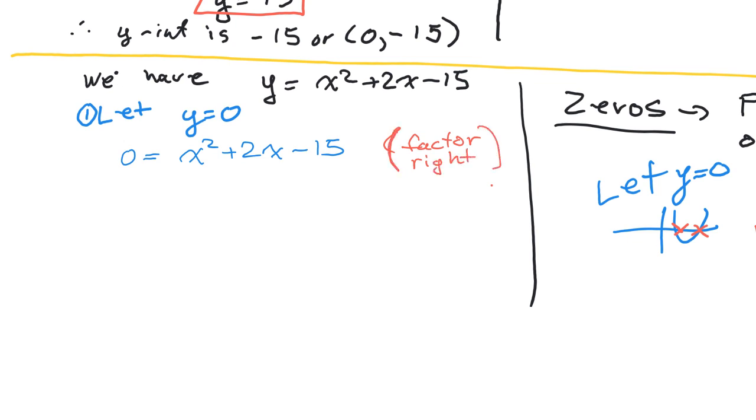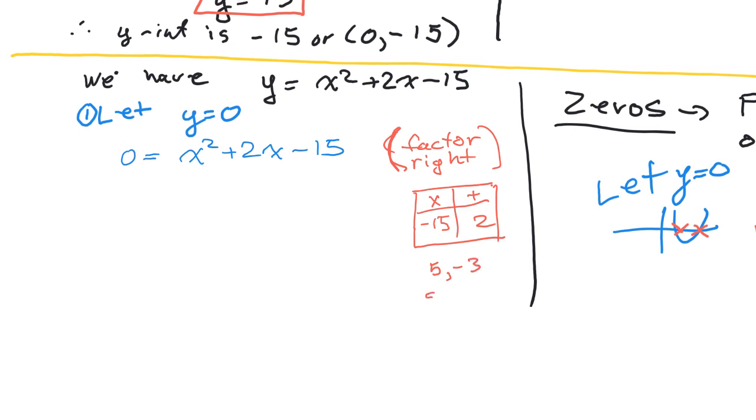So when you factor the right side, we're looking for two numbers that multiply and add to something. We're looking for numbers that multiply to negative 15 but add to 2. When you go through all the possible combinations, those two numbers are positive 5 and negative 3.